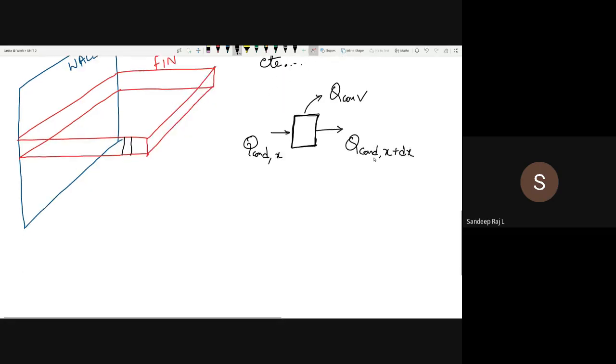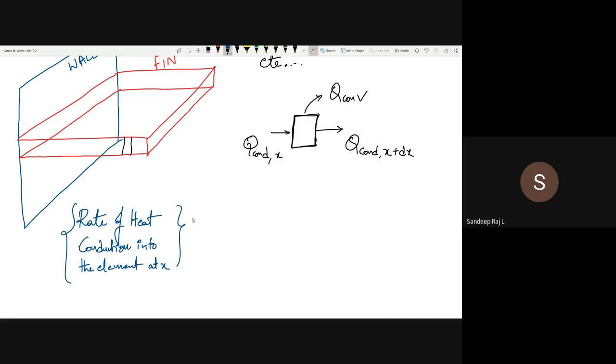If I have to write the conservation expression, it will be like this: rate of heat conduction into the element. What is the element? The simple element that I have considered here. Into the element at x, this is on your entry side.